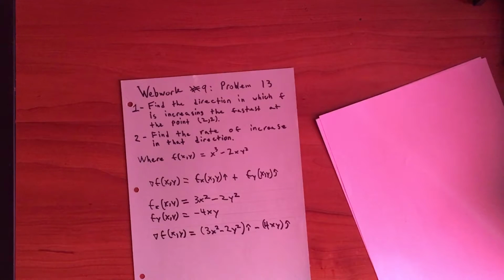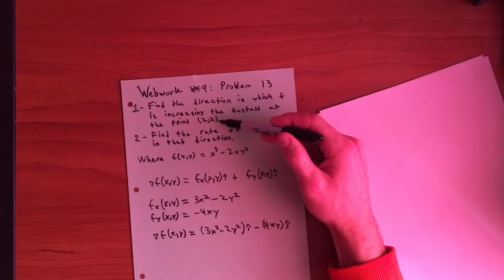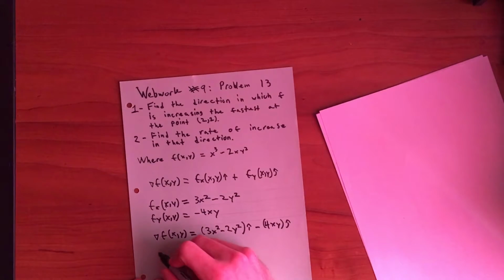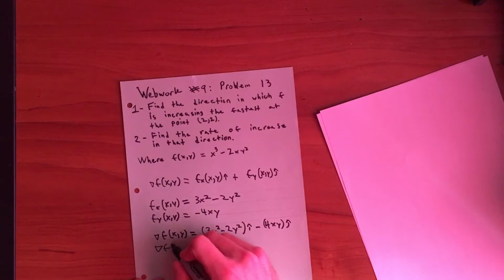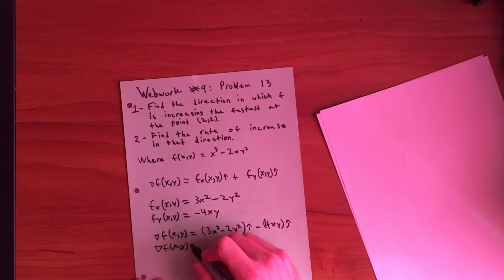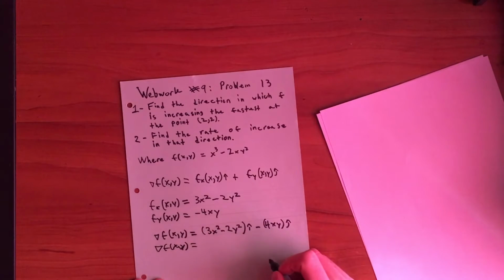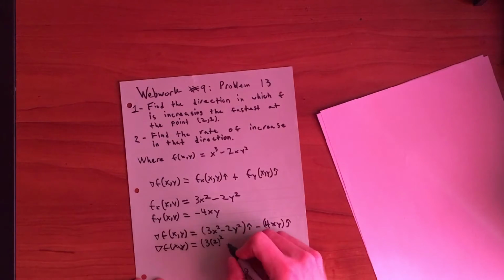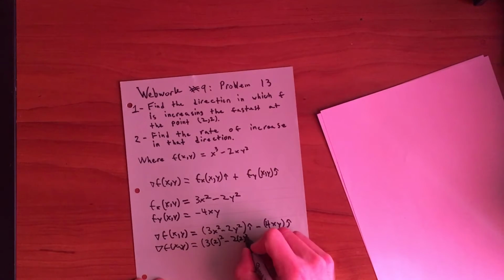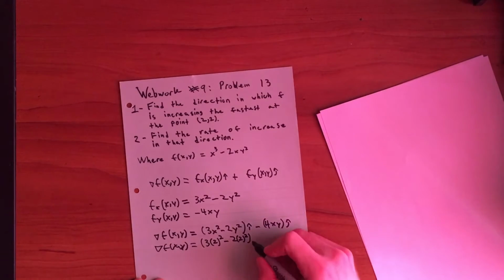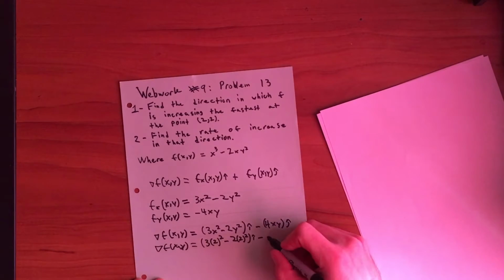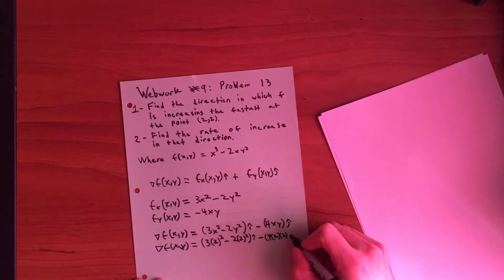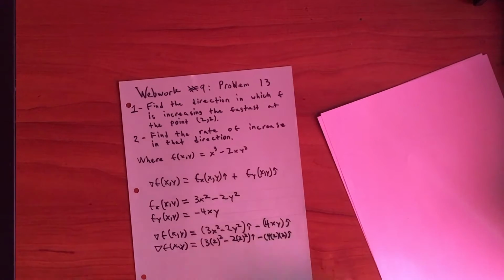And so now all we have to do is evaluate this function for the values of x and y that we're given. So that's going to give us the gradient of f(x, y) is equal to 3 times 2 squared minus 2 times 2 squared, where y is equal to 2, x is equal to 2, i hat, minus 4 times 2 times 2, that is the j hat.